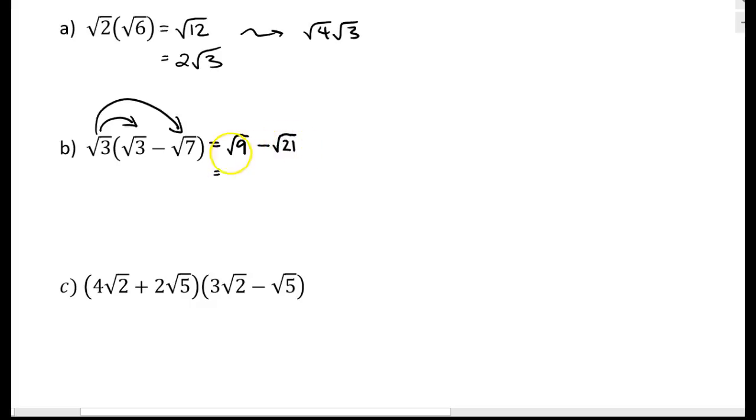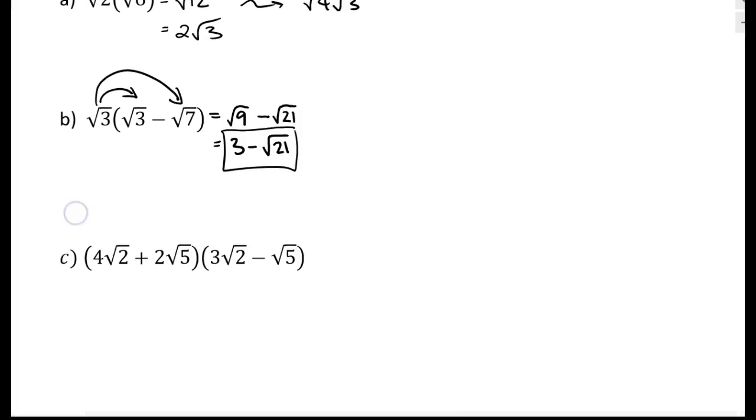This one's not going to be simplified, but the square root of 9 can be, so we end up with 3 minus the square root of 21. When I'm checking for simplifying 21, always remember you're looking for perfect squares, since we're taking the square root.